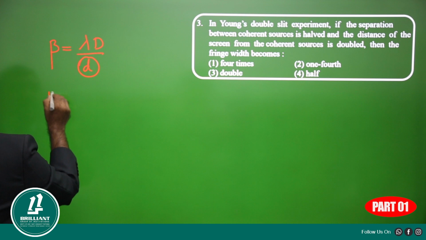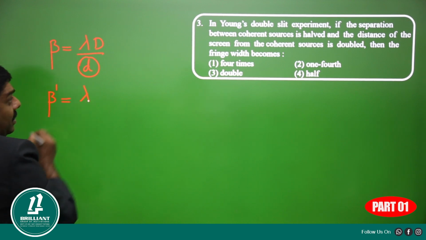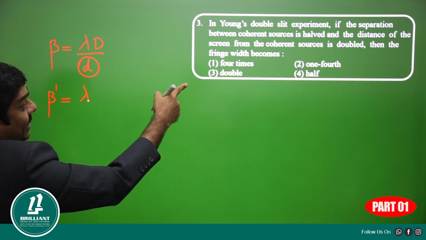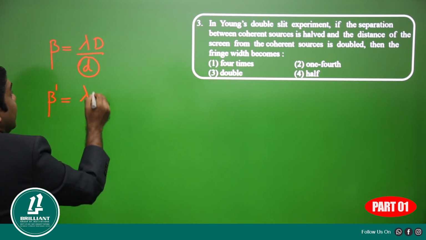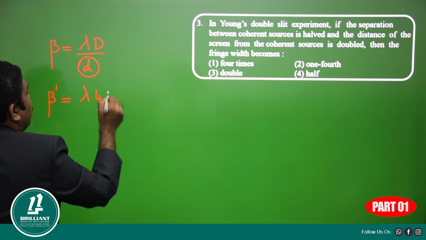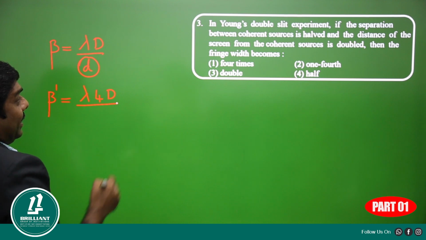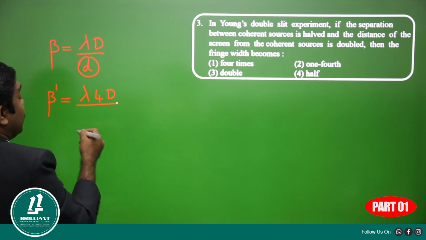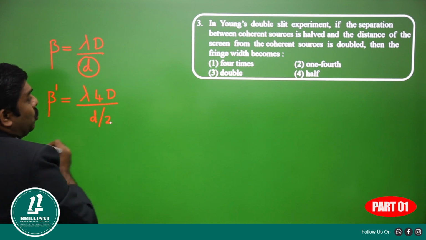the new bandwidth beta dash is equal to lambda. Look there, they said the distance between the screen and the coherent sources is doubled. Therefore, 2D divided by, and the separation between coherent sources is halved, so d by 2 is there.